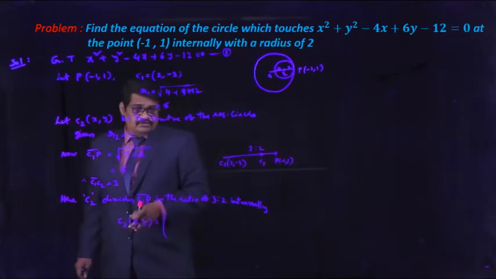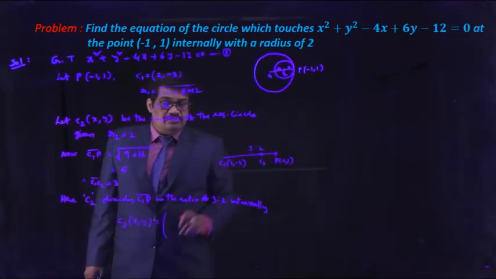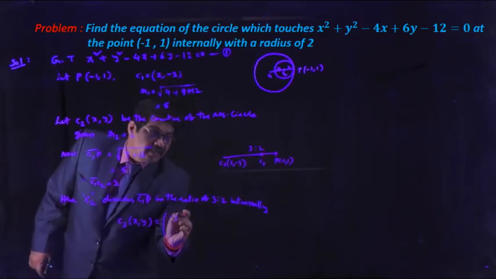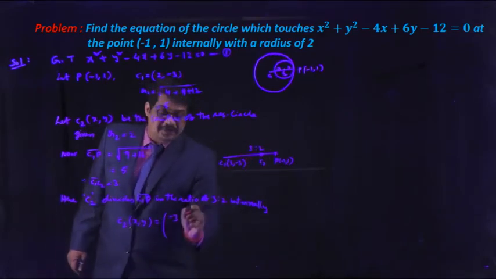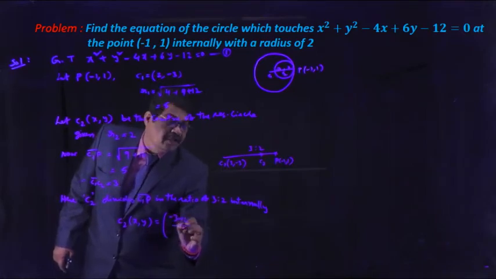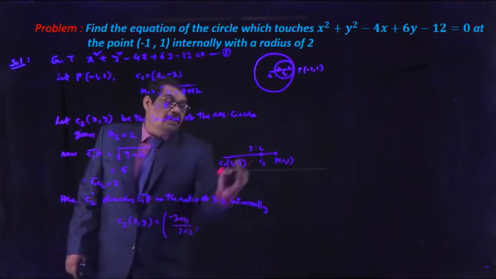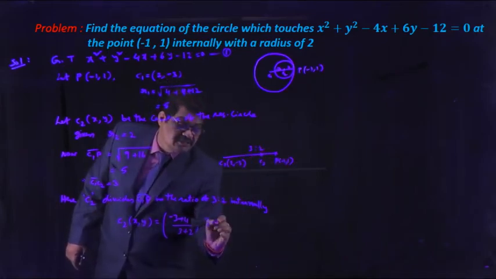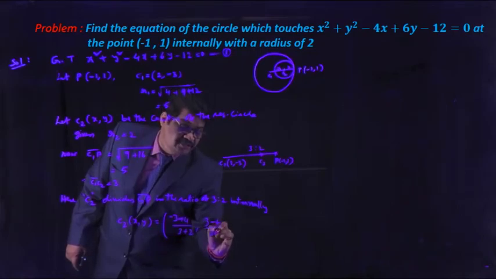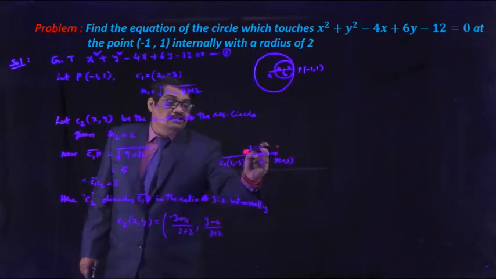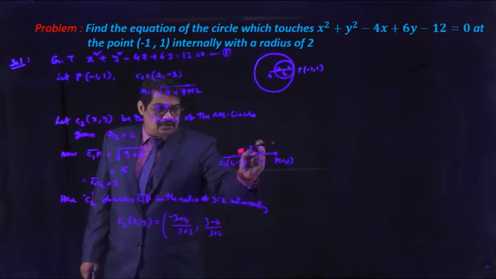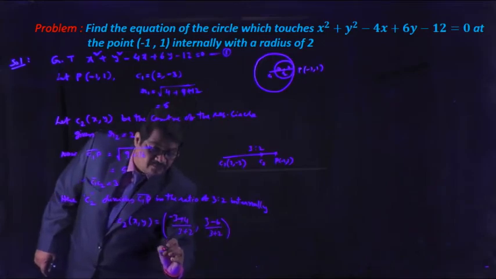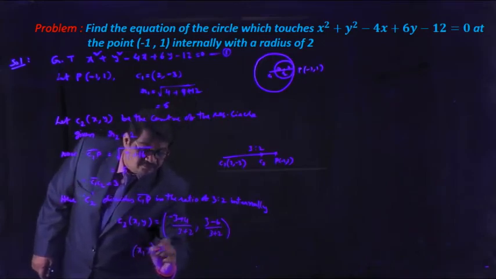We are using the ratio formula mx2 plus nx1 by m plus n. 3 into minus 1, that is minus 3, plus 2 into 2, that is 4, by 3 plus 2, and 3 into 1, that is 3, plus 2 into minus 3, minus 6, by 3 plus 2. Okay, from that we are getting x comma y. What is here?